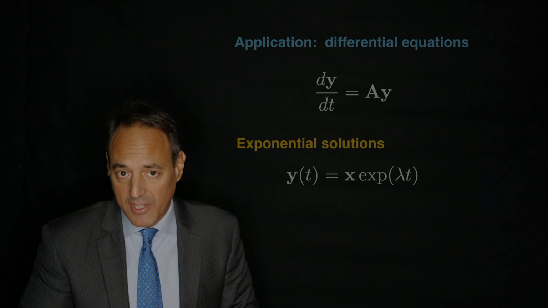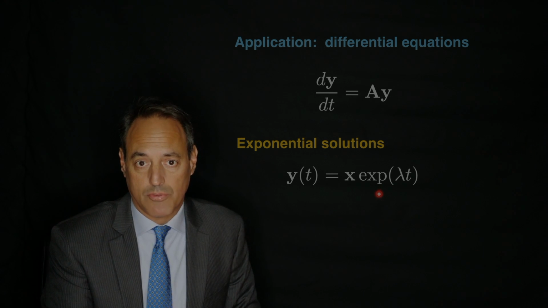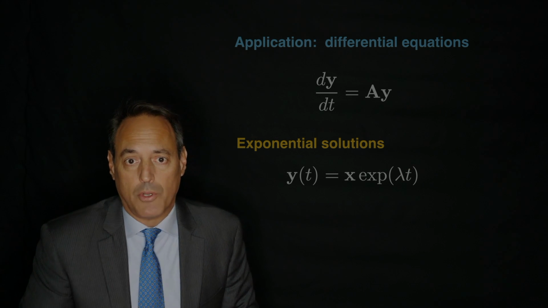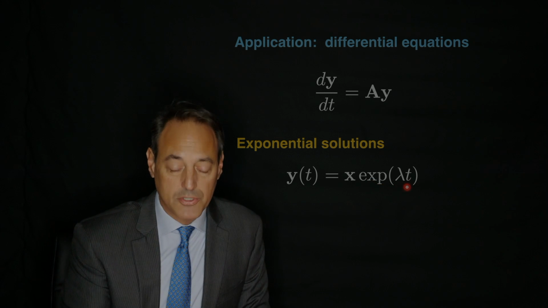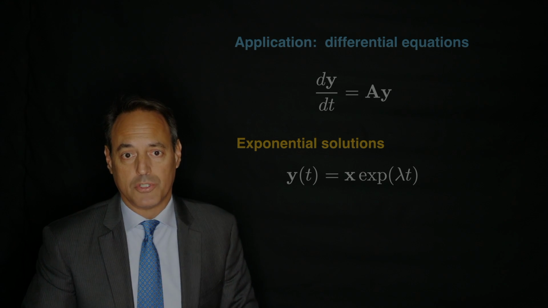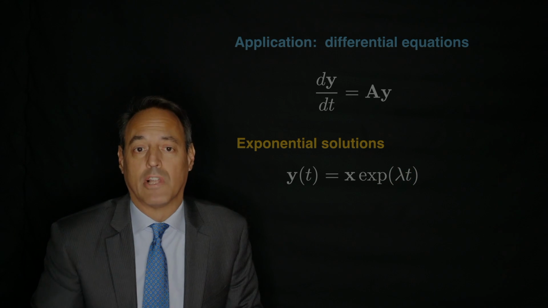We just plug this assumed solution form right into the differential equation. What you'll notice is when I take the derivative, time only appears in the exponent. And of course, differentiating exponentials is quite easy. All it does is give you back the exponential and drop down a factor of lambda.